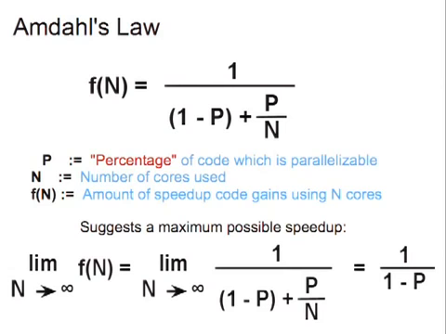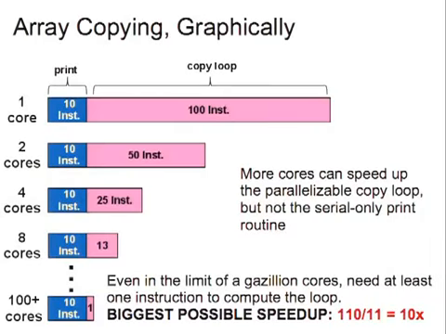Nothing that can be done by adding another core to it. However, this one part, p here, the part that can be parallelized, gets less and less intense as we add more cores. So in the denominator here, you can think of the total number of instructions that we had to deal with. As n gets bigger, 1 minus p plus p over n gets smaller.